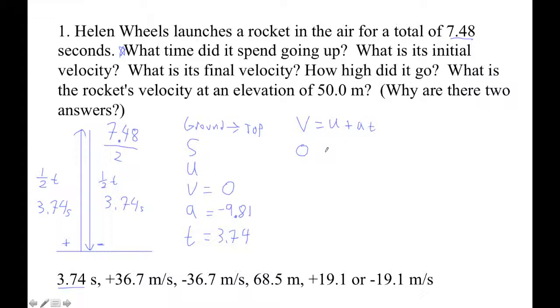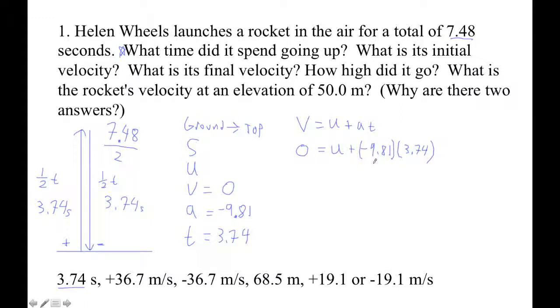So 0 equals U plus negative 9.81 times 3.74. So U is actually going to be positive.